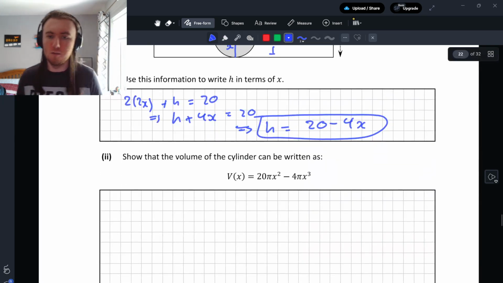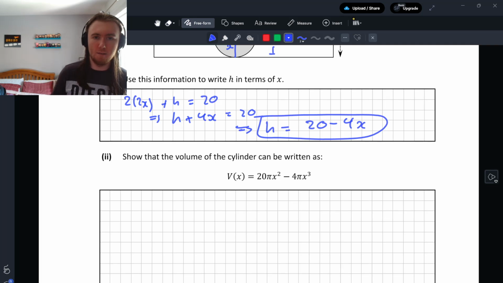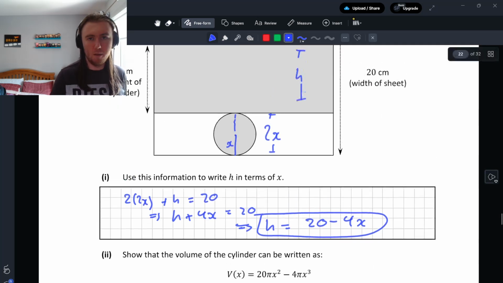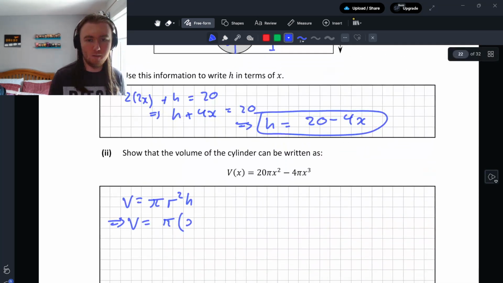Perfect. So the volume of the cylinder can be written as that. Volume of a cylinder is pi times the radius squared times the height. So it'd be pi times the radius of the cylinder, X, squared, times 20 minus 4X. Sorry, not 40X, just 4X.